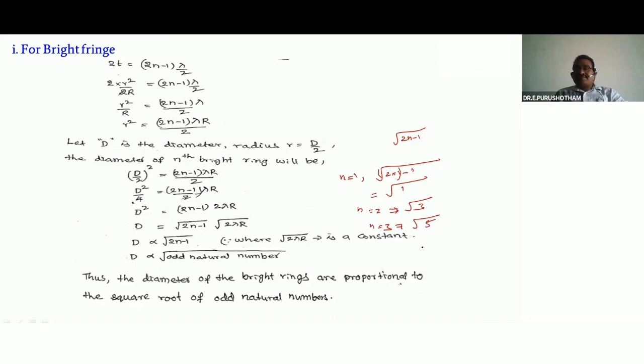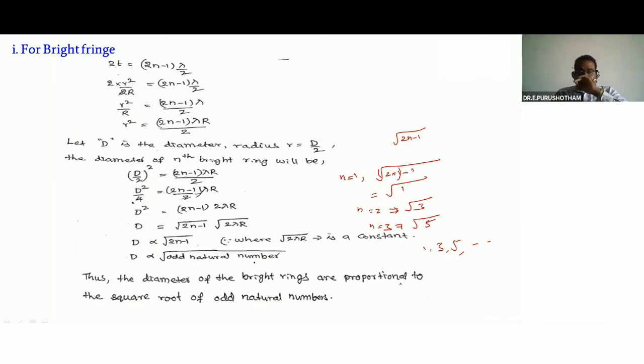What are these 1, 3, 5 and so on? Odd natural numbers. So the diameter of the bright rings is directly proportional to the square root of odd natural numbers.